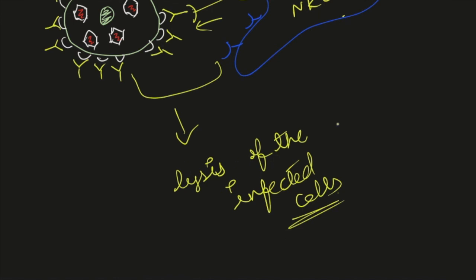Okay, and this type of activity is called ADCC, or antibody dependent cell mediated cytotoxicity. Some other mechanisms through which the immune system can protect us from various other virus-related infections will be covered in the next video.